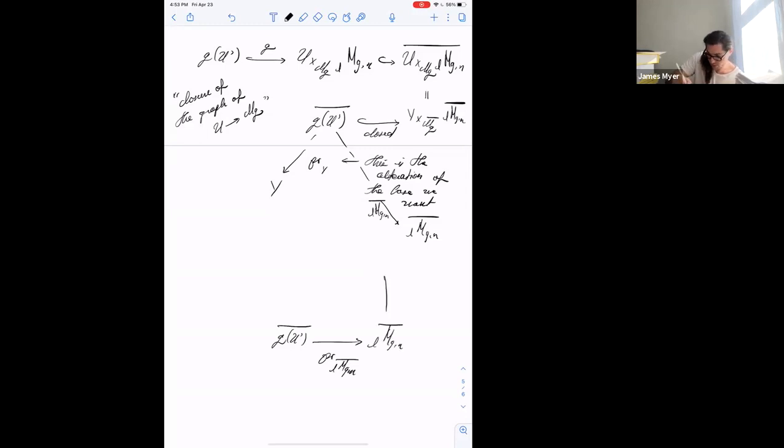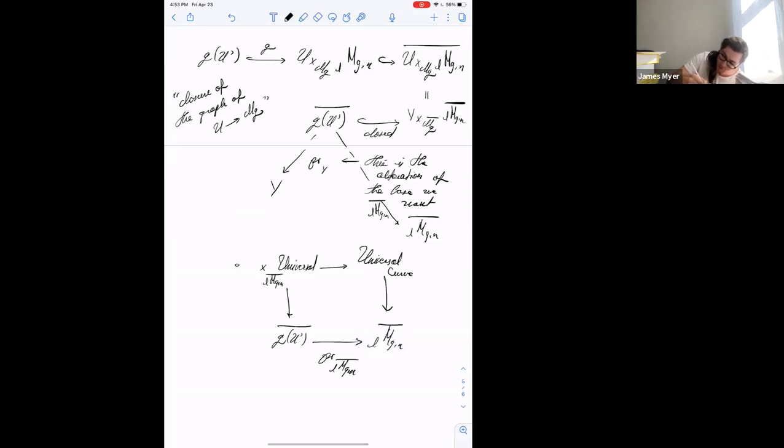The important property that we need to know about this thing is that the moduli stack didn't necessarily have this property, but this finite cover does. It has a universal family that lives over it. So this universal curve lives over this thing, and you can pull back the universal curve to this base instead.